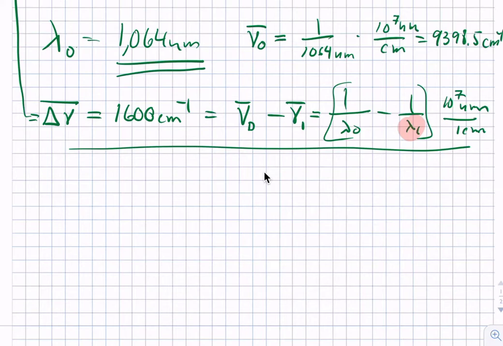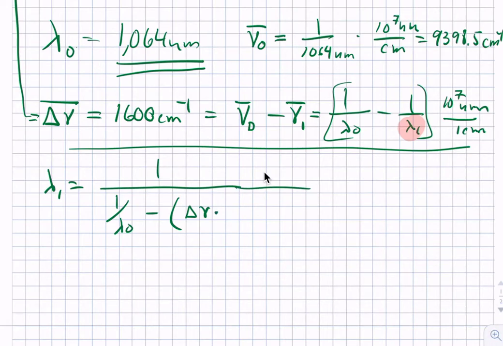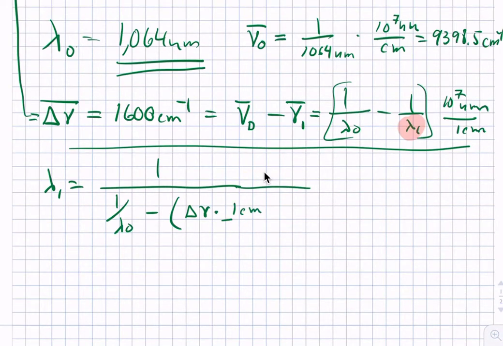Lambda 1 is going to equal 1 divided by 1/lambda 0 minus delta nu, and delta nu will be in wave numbers, so we have to convert wave numbers to nanometers, and we know that 1 centimeter is 10 to the 7th nanometers.